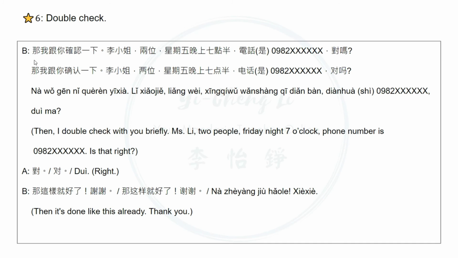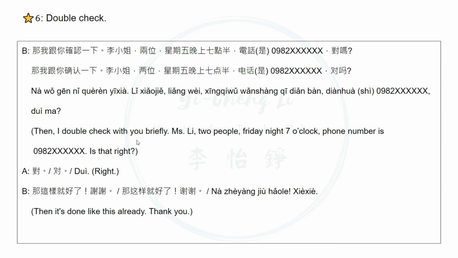So they might say, 那我跟你确认一下，李小姐，2位，星期五晚上7点半，电话是0982 blah blah blah，对吗？Then me and you double check briefly. 李小姐 Miss Lee, 2位 2 people, 星期五晚上7点半 Friday night 7:30, 电话是 the phone is 0982 something something, 对吗 correct?